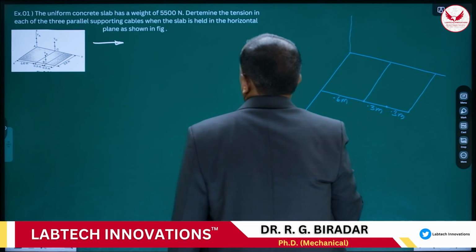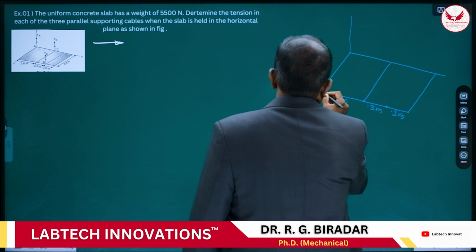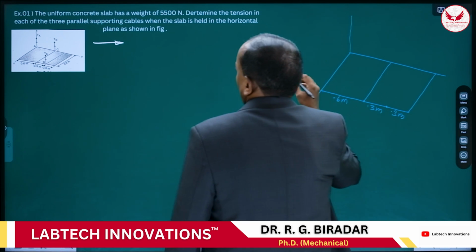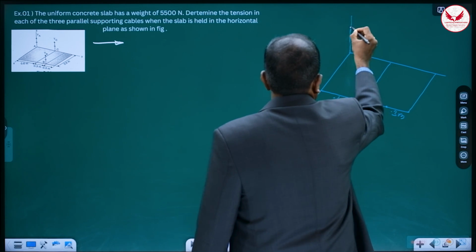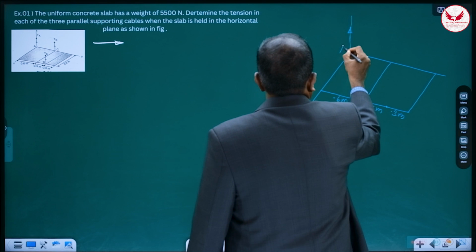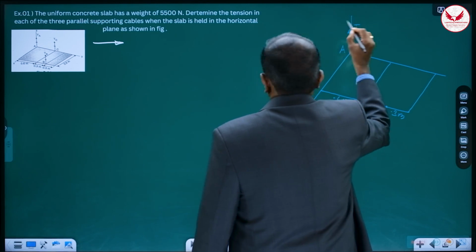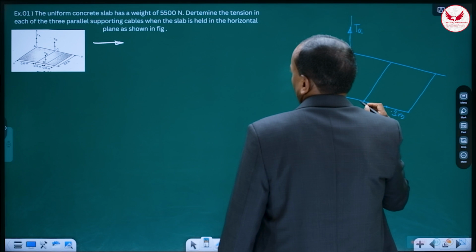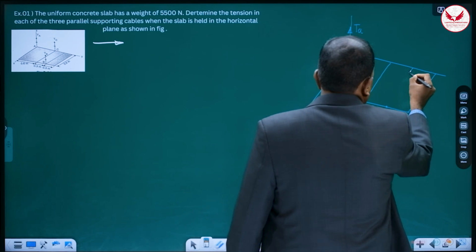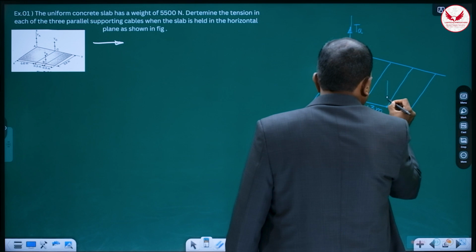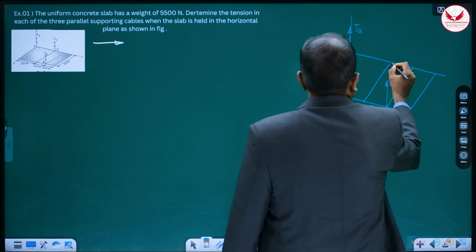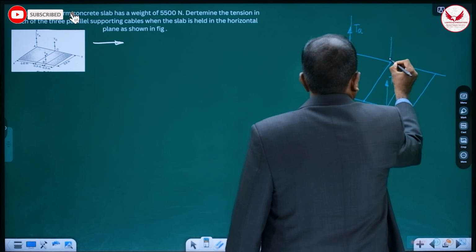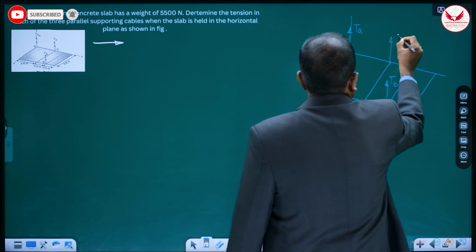And whenever we are drawing the free body diagram, what we have to do? See, this is the slab, and it is supported by 3 cables. One is at A. So this is A, and it is TA. We'll have to cut this cable. Then other is at B, TB, and third is at C, TC.